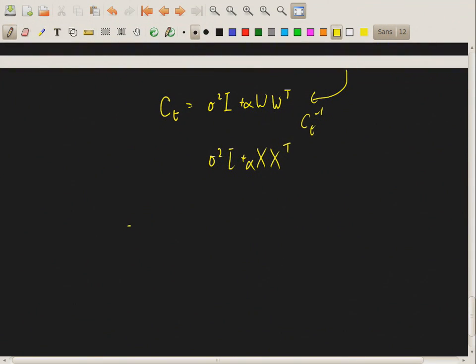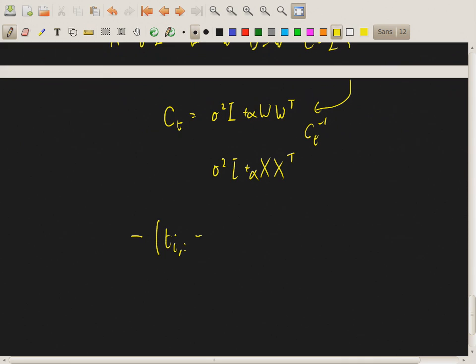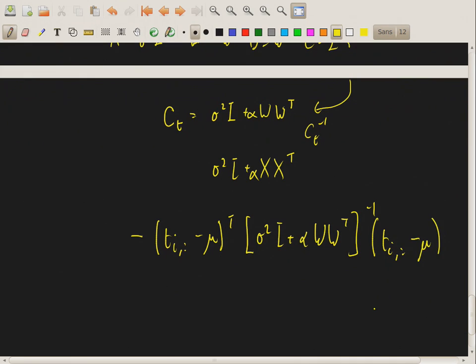And so we see we've got it in the form (t_{i,:} minus mu) transpose, times (sigma squared I plus W W transpose) inverse, times (t_{i,:} minus mu). That's our quadratic form. So it's a Gaussian with a mean mu and a covariance given by that.